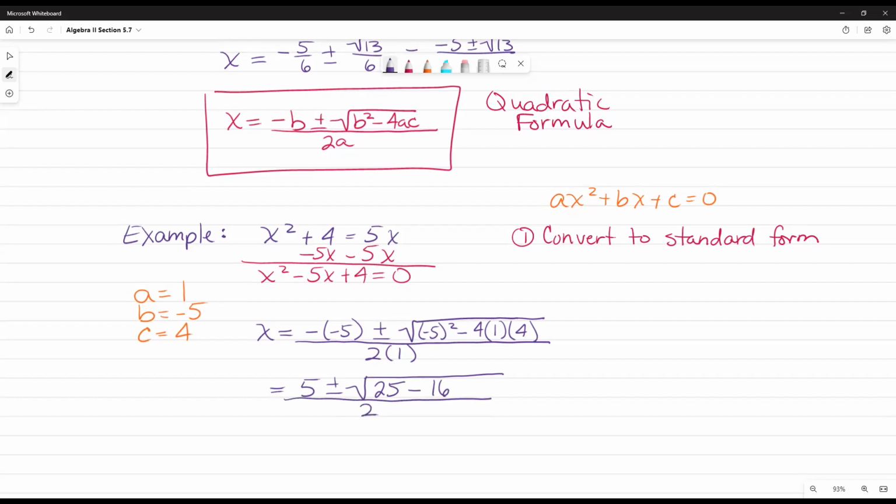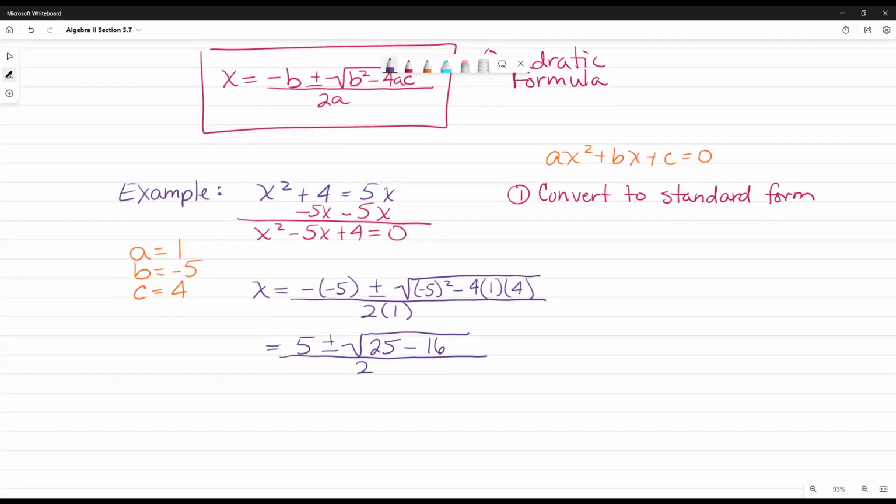Divided by 2. All right, so what else? That is like ginormous. Hold on. Now what do I need to simplify? Remember, a square root, if you have an expression inside of it, is treated like a grouping symbol. So this is 5 plus or minus, what's 25 minus 16?